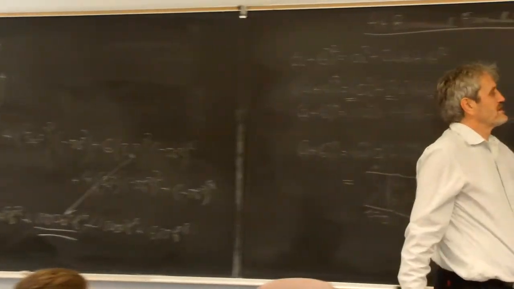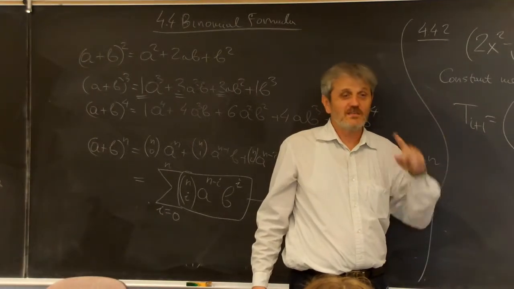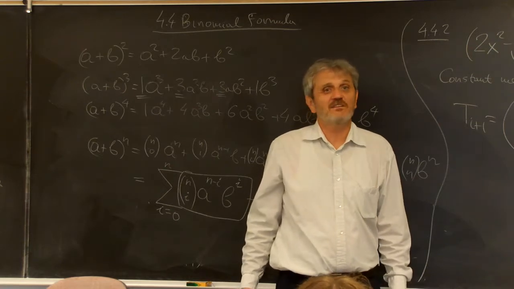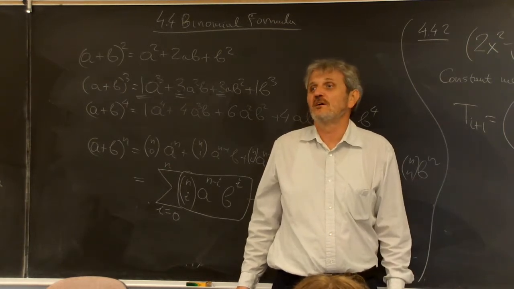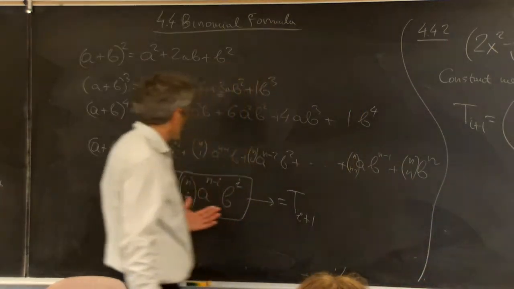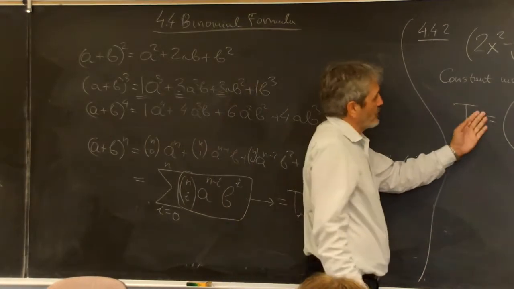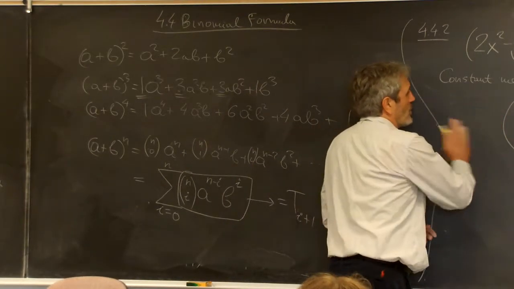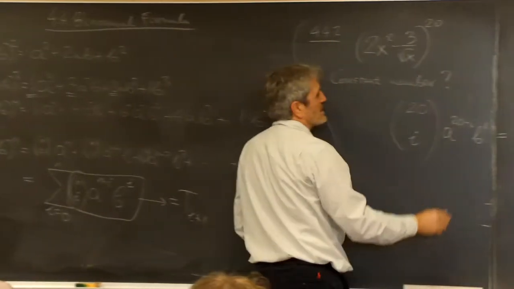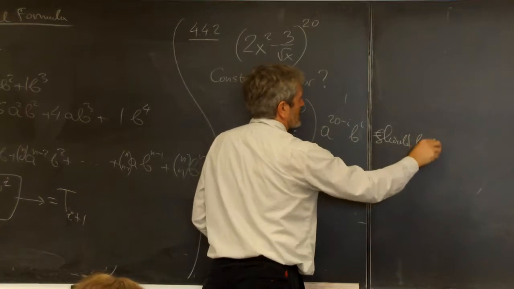You don't have to call it T sub i plus 1 if you want. You can call it T sub i, but at the end, when you give the answer, don't forget to raise i by 1. Because if i is 7, that's not the 7th member. Which one is it? 8. So that's what this i plus 1 does. Otherwise, I just call this formula, and then that's i plus 1. Or as I said, you don't have to call it. Say this is the member, and then this member should be constant.